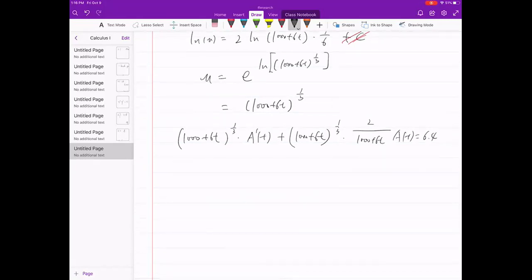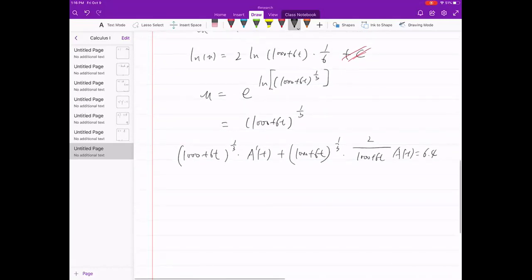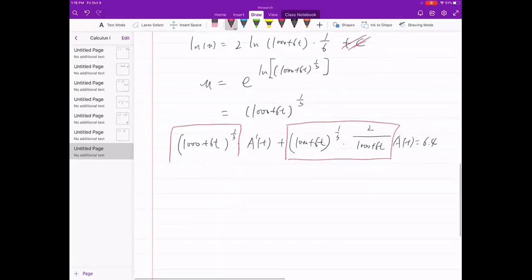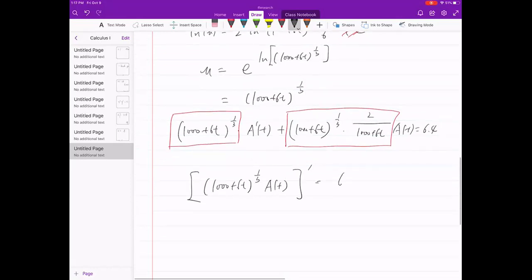If you don't believe it, you can quickly verify that the derivative of this one will be exactly this one. Basically what we have here is mu A prime plus mu prime A, therefore we have a product rule. You can verify that, otherwise you found the wrong integrating factor. But they have already verified it. Here's a perfect product rule.